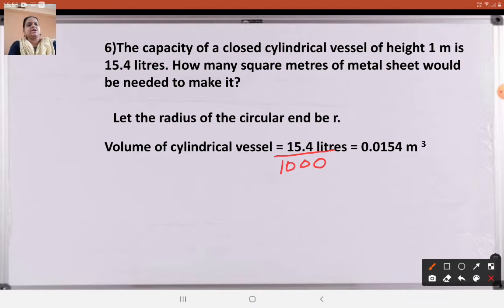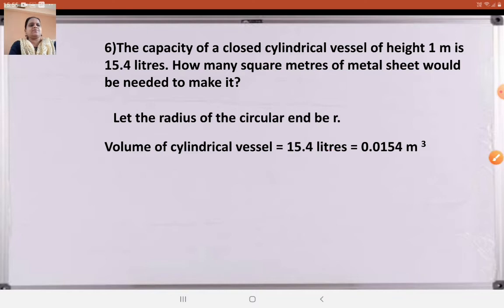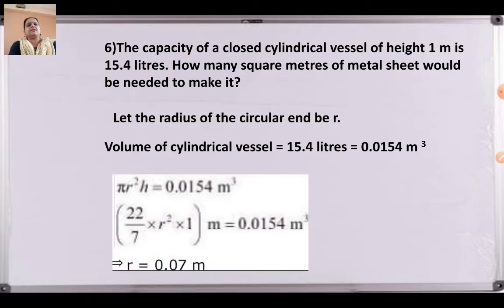If you divide, shift the decimal point to the left by 3 digits. So your answer will be 0.0154 meter cube. Here the volume we got is 0.0154. Use this volume to find the radius.